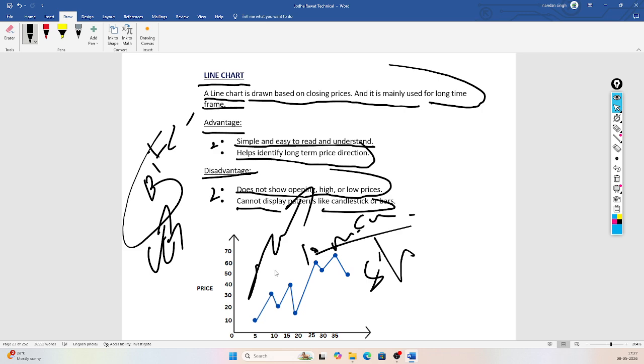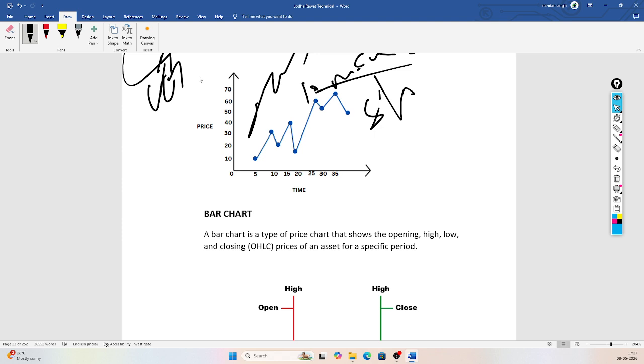So here you can see this frame given below. This is a line chart. It shows whether it is bullish or bearish, yes, but it can't show the candlesticks properly.